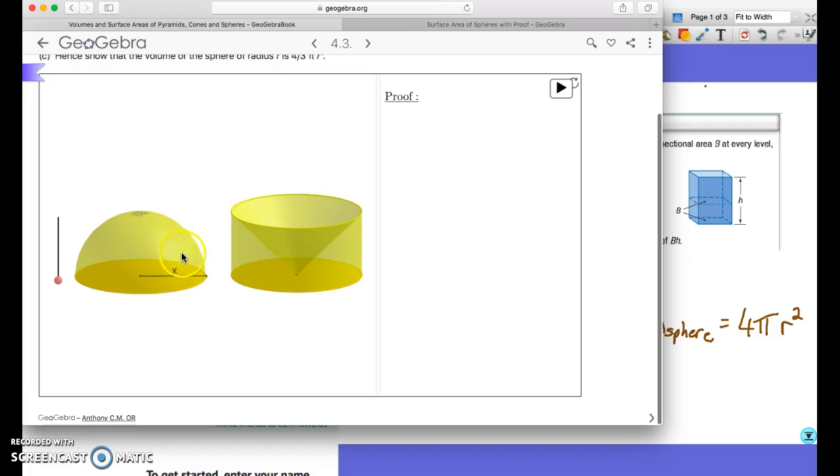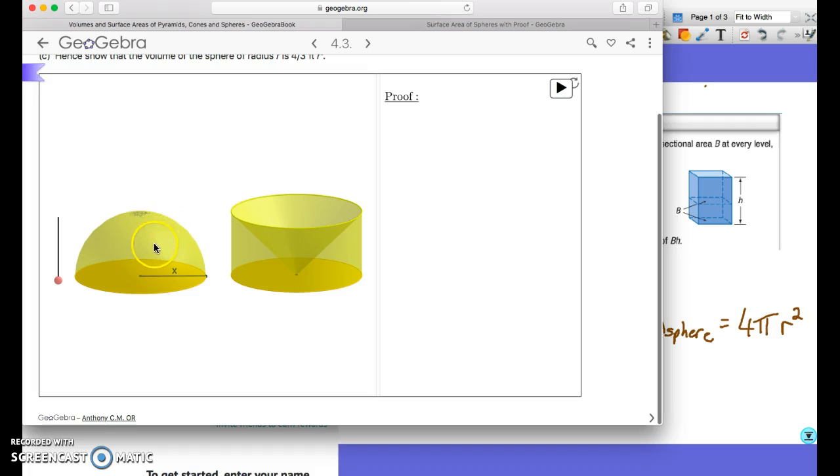Okay, so a couple of relationships first. The objective is to use this cylinder that has had a cone removed from it to show you how to find the volume and in turn the surface area of the hemisphere, which we will then double to give you the formula for a sphere.